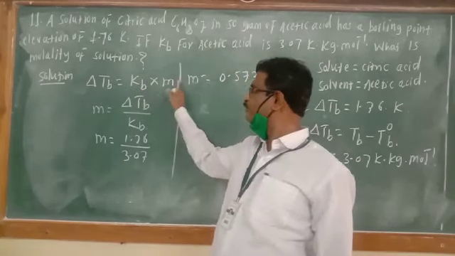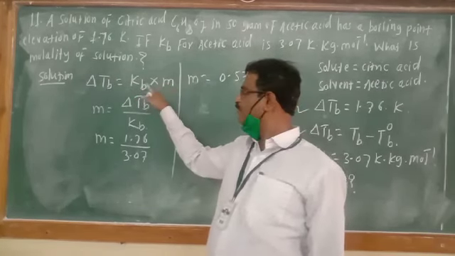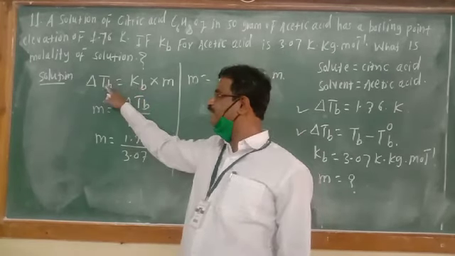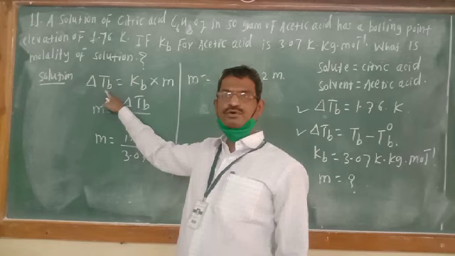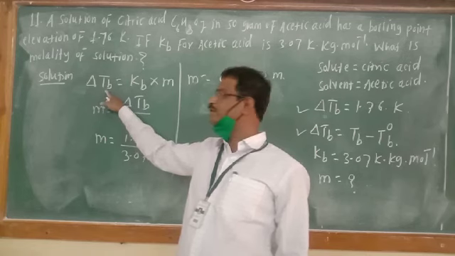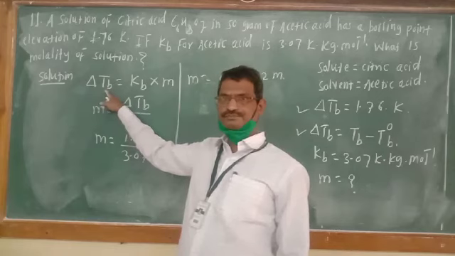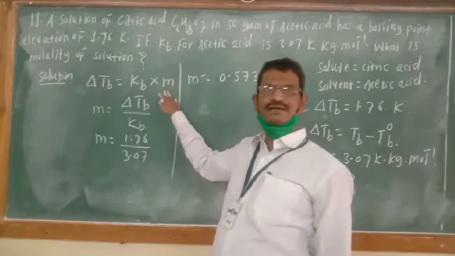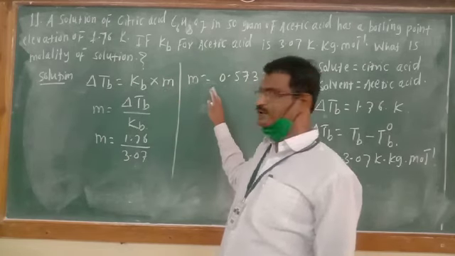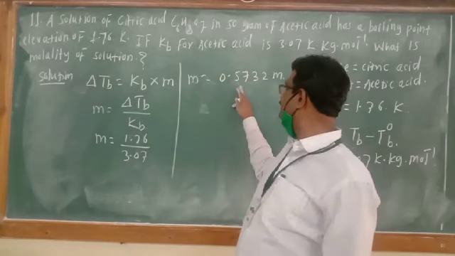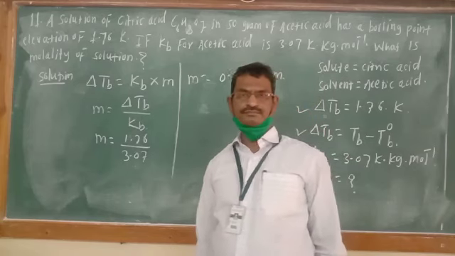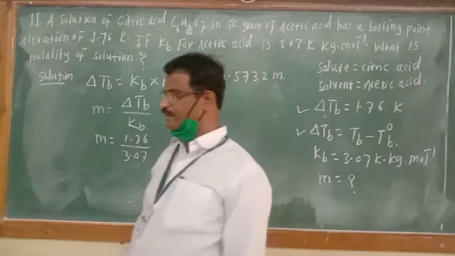Whenever molality is 1, the molar elevation constant is defined as elevation of boiling point whenever 1 mole of solute is dissolved in 1 kilogram of the solvent. So that is how molality can easily be calculated on this equation, and molality we get 0.5732 mole. This is the problem number 11.